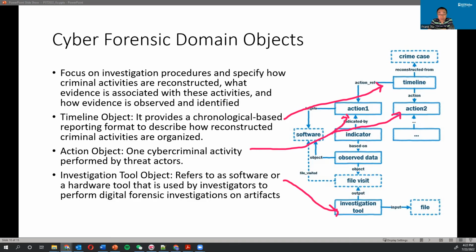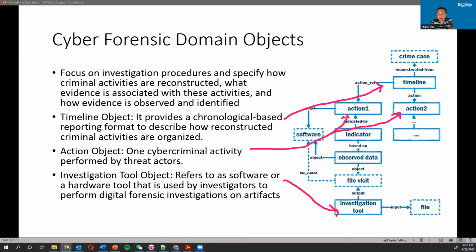Timeline object. It provides a chronology-based reporting format to describe how reconstructed criminal activities are organized. Action object. One cyber criminal activity performed by the threat actors. Investigation tool object.